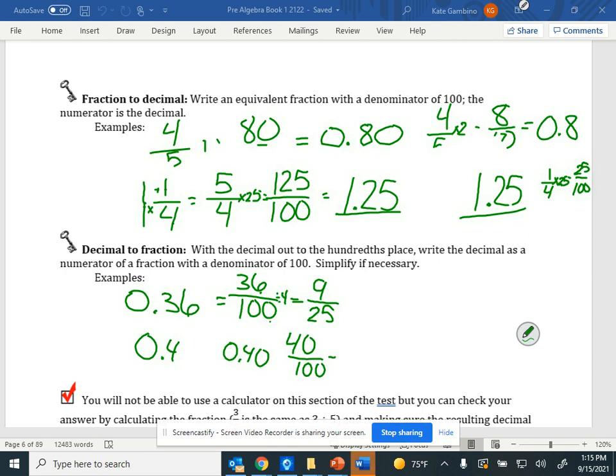I can divide a 20. That is my greatest common factor. I can divide that by 20. 40 divided by 20 equals 2. 100 divided by 20 equals 5. Cool. Or you could have done it from the start.